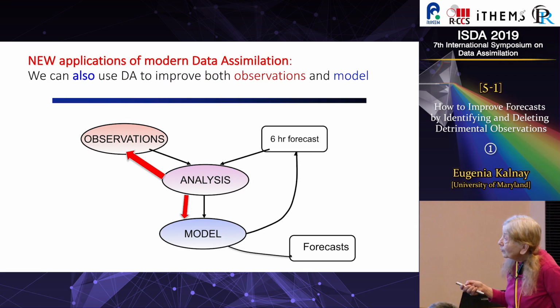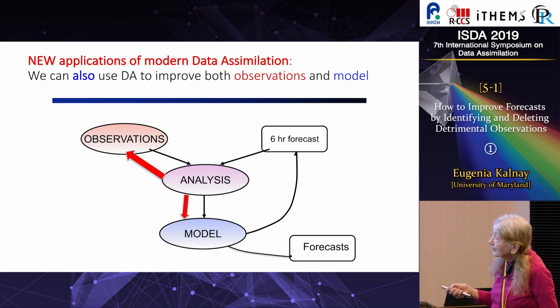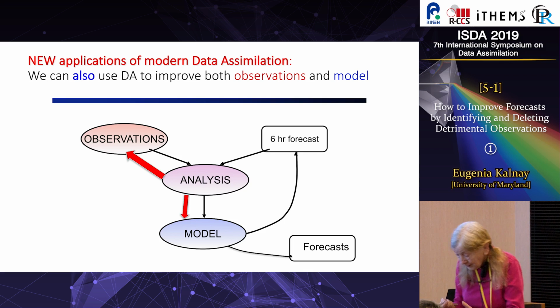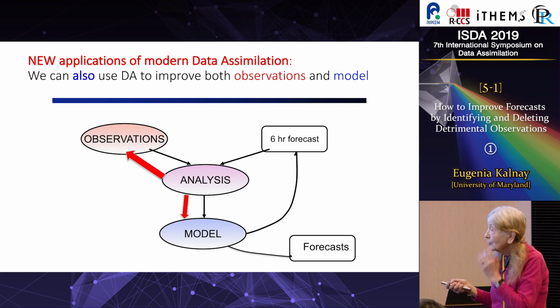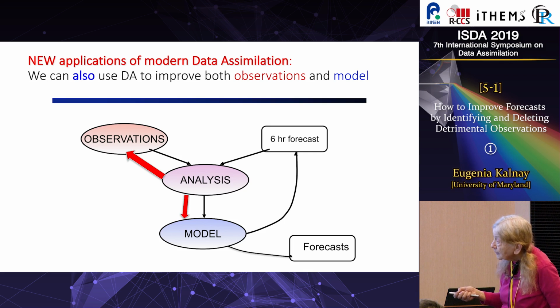So now let's consider new applications for modern data assimilation. The impact of the data assimilation is in the quality of the analysis, which is much better than it used to be. So we can also use the data assimilation, and in particular the analysis, to improve the observations and also to improve the model.